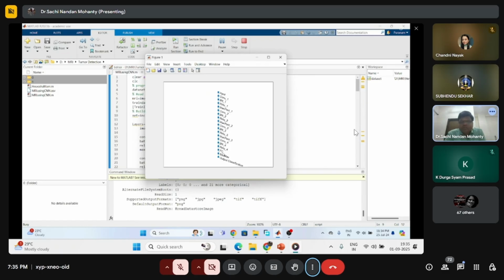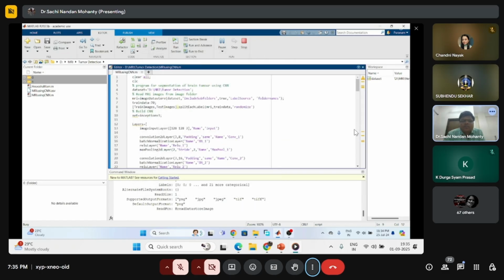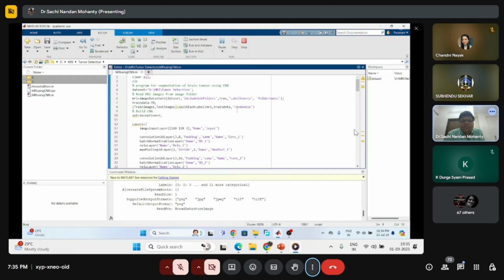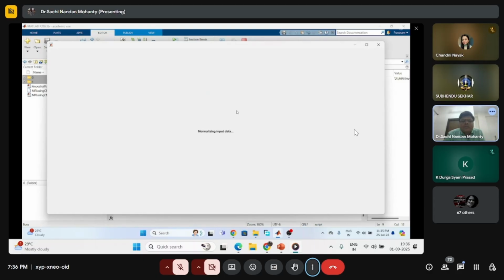So this is the sequence of CNN layers, whatever we have seen in the code. Now you see how the output is coming.